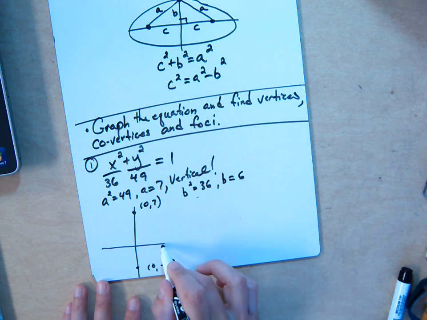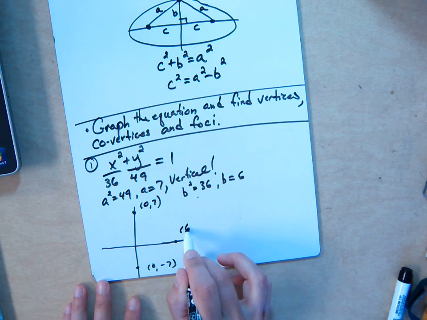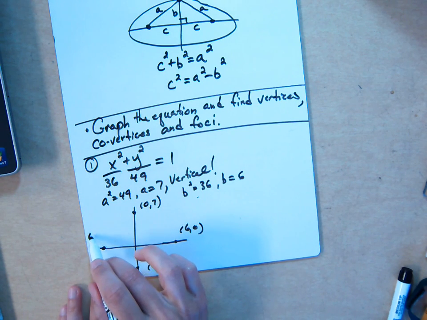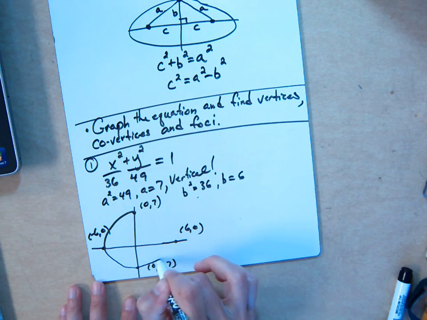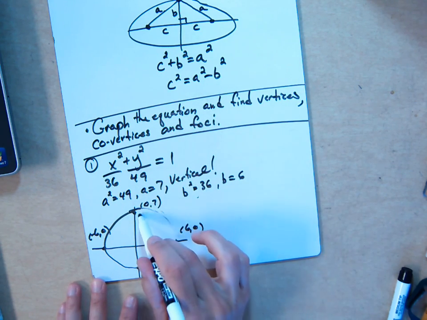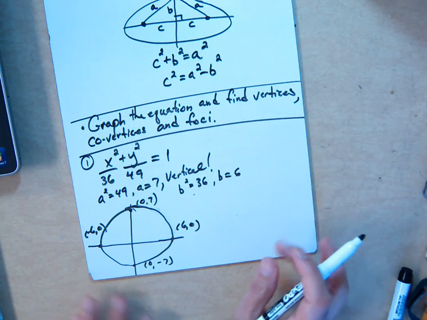So I go 6, 0 this way. It almost looks like a circle. So you go 6, 0, and you go negative 6, 0, and then you sketch it. It's supposed to look longer in the y direction, but it almost looks like a circle.